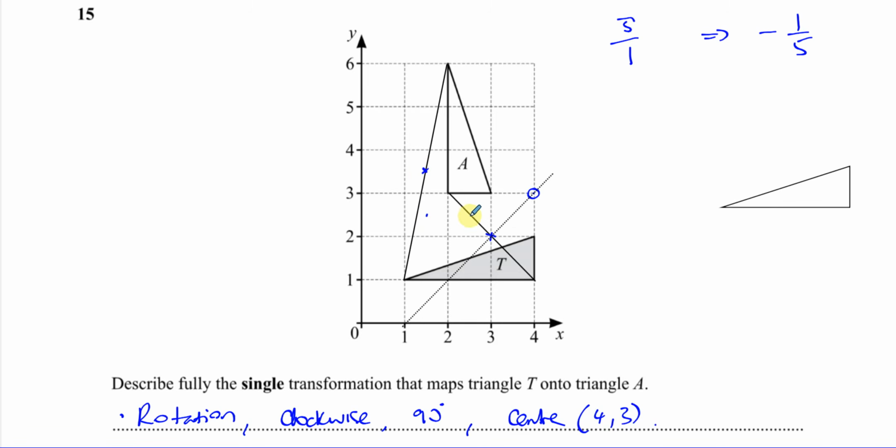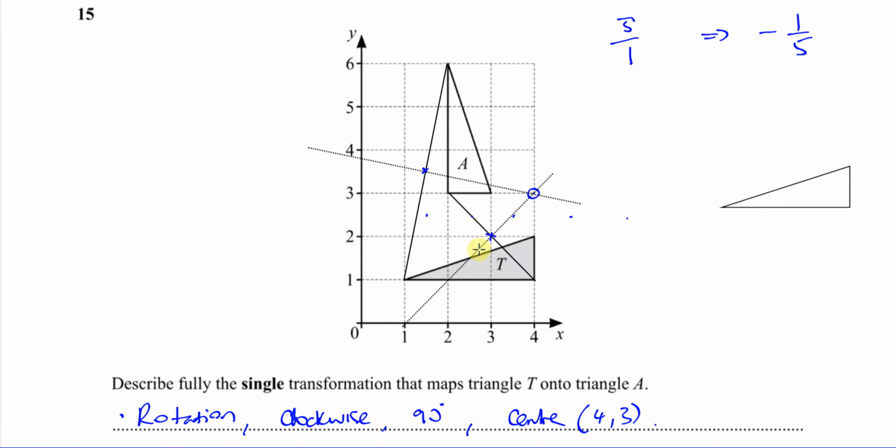So 1 down, 1, 2, 3, 4, 5. Basically, it's going to be a line that goes like this. It's going to join these two together. You can work that out. For this particular question, because we don't have a big enough grid, we can use a protractor, or we can just see what 90 degrees is quite easily, and you can see that it goes through that point.